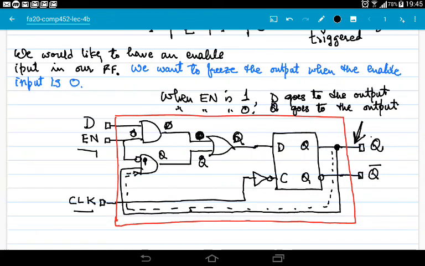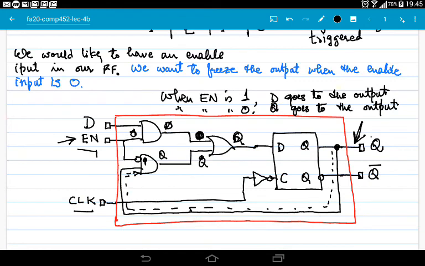So when clock goes from high to low, the input latches to the output, assuming that En is 1.